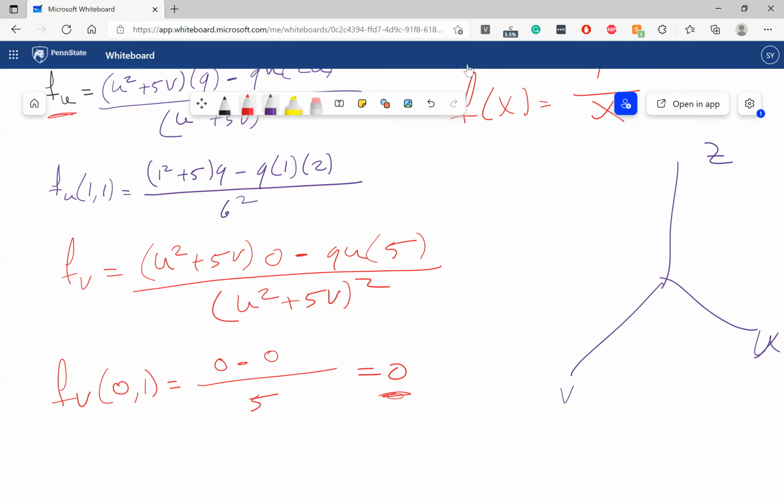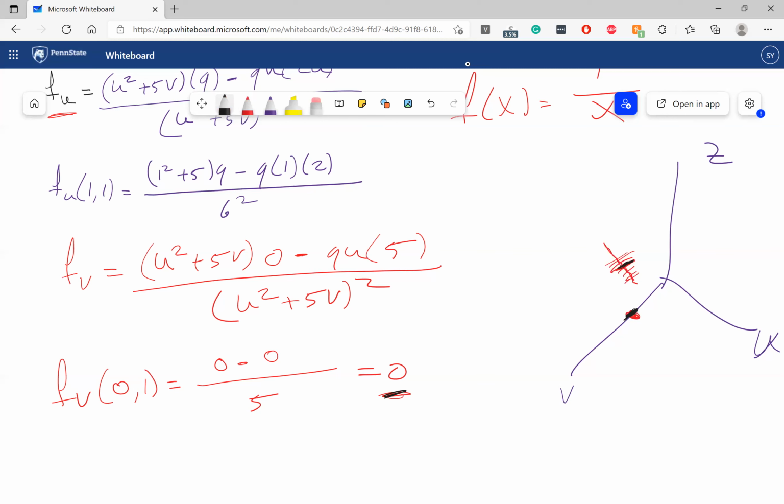So however your graph looks, at this point, your graph is flat in the v direction. It might look something like this. That way, when you move a little bit in the v direction, you're not moving at all in the z direction. That is why your derivative is 0.